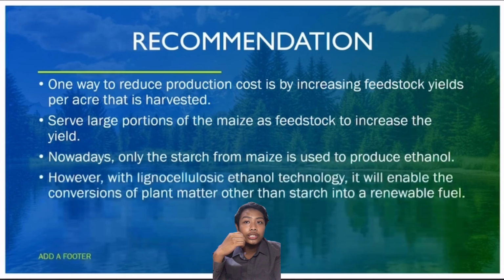Lignocellulosic ethanol technology is the key to enable the conversion of plant matter other than starch into renewable fuel. This would be really helpful because it could make the production cost a lot smaller and is very valuable and worth it.